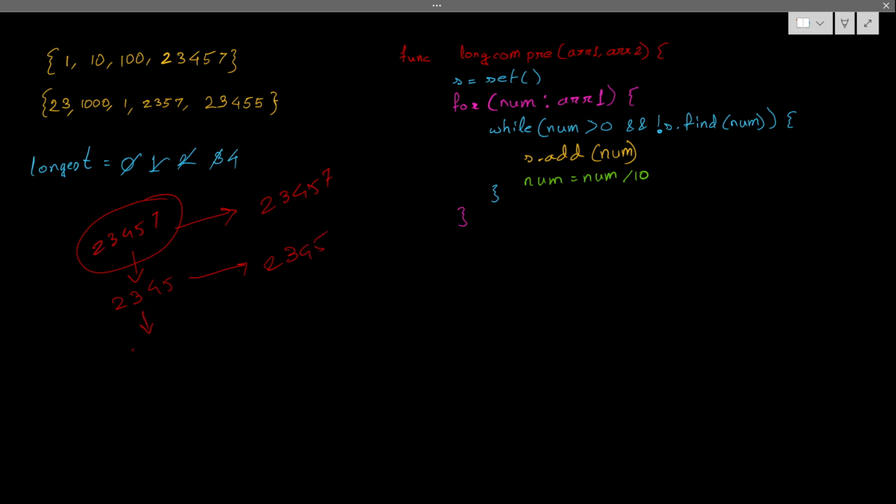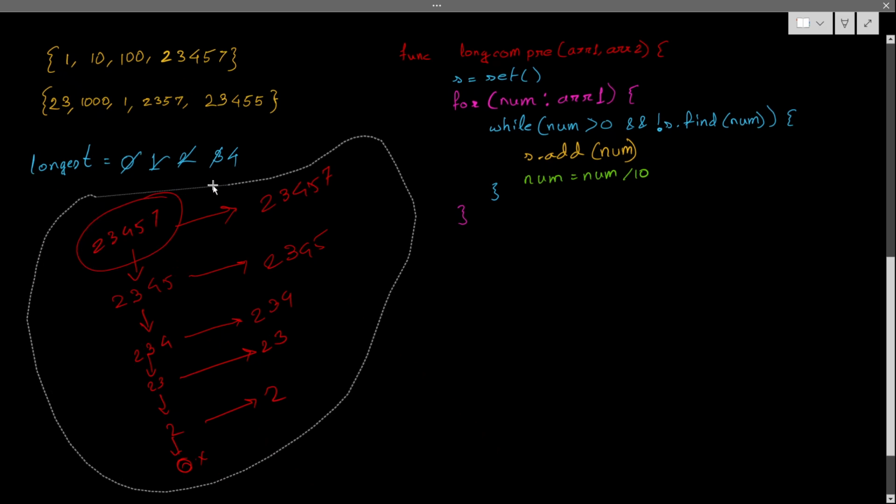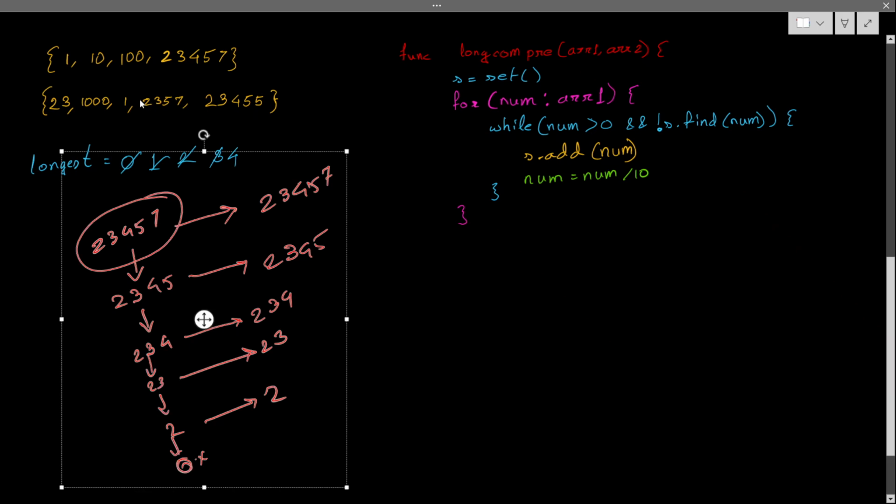Again we check 2, 3, 4: present or not? Not, we'll add it. Then again reduce to 2, 3. It is also not present, so we add it. Then we'll reduce to 2. It is also not present. Then if I reduce this, it becomes 0. No need to check 0. Got it? So this is how we check. Fine.